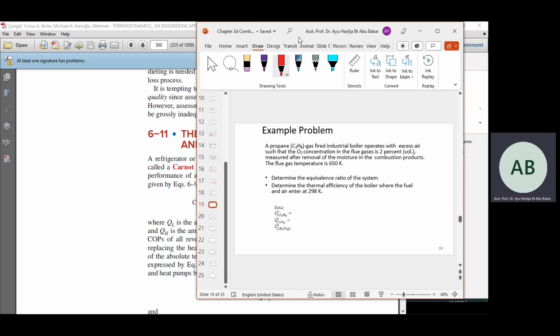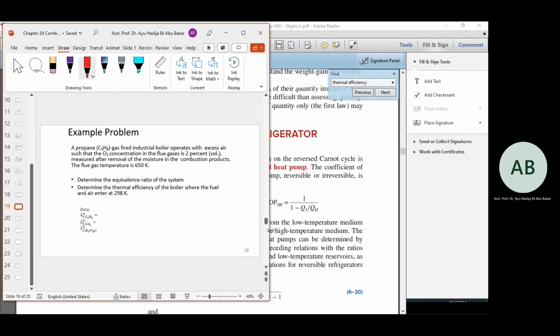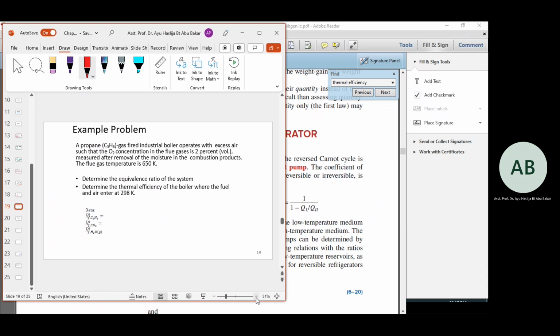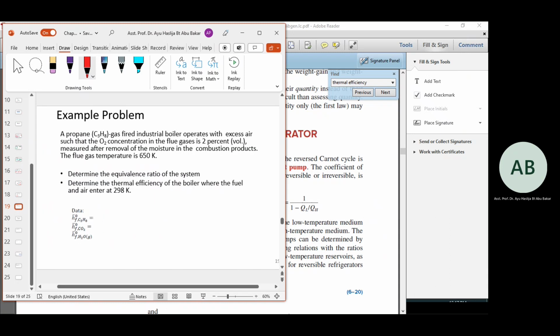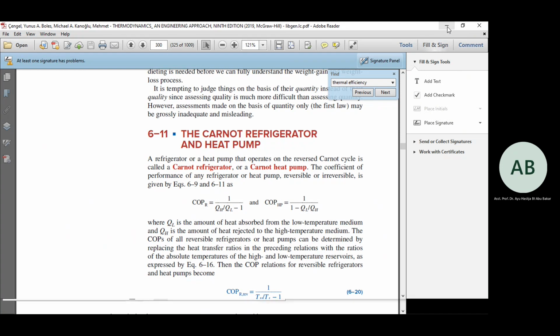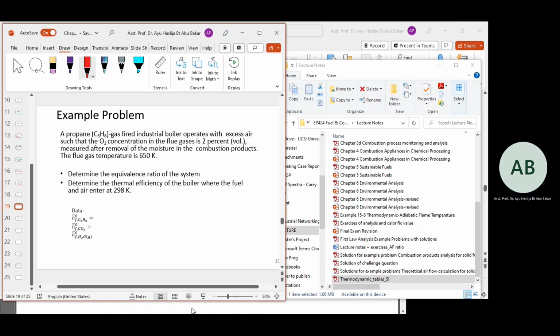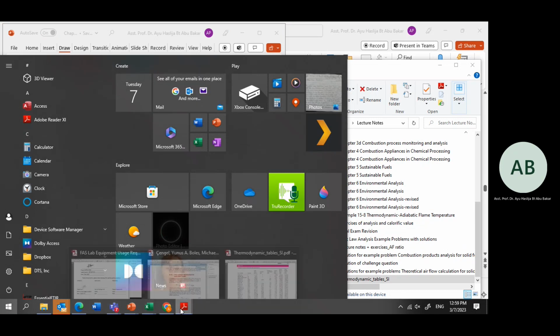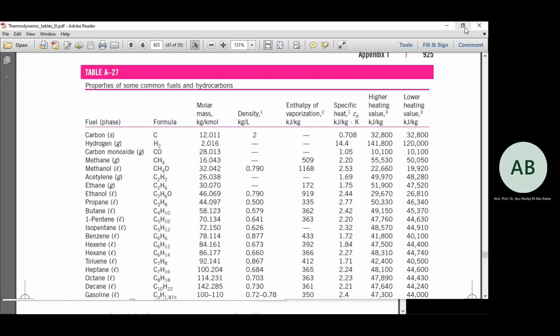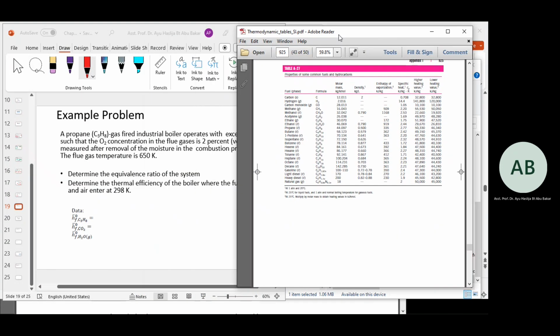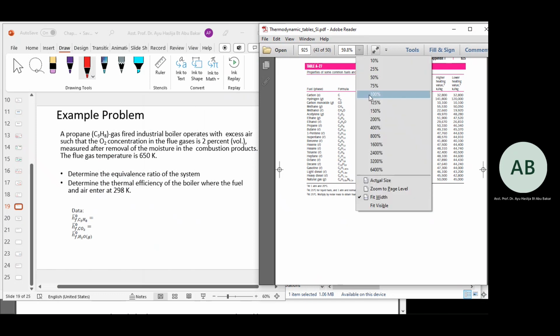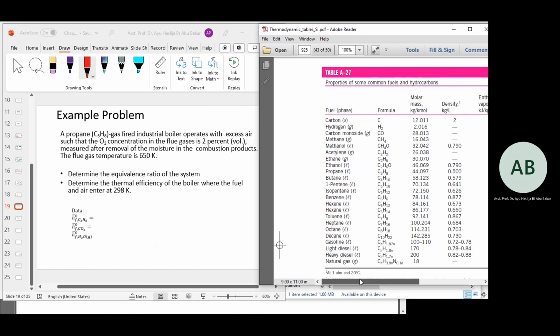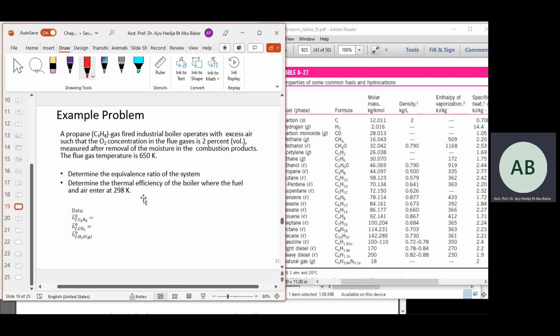Now let's try this example. Now, in this example, we have propane, C3H8, as the fuel.